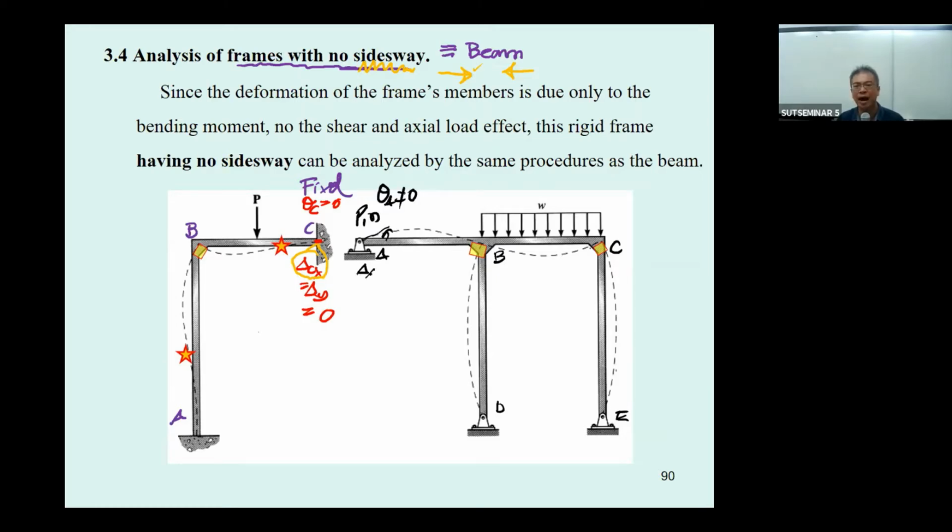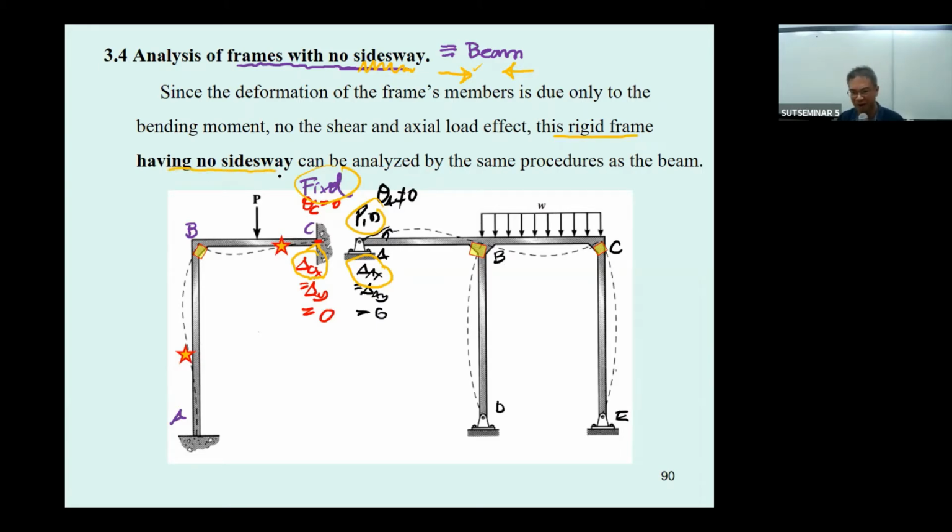But delta sub Ax equals delta sub Ay equals 0. In this case, this frame also has no sidesway. So the first thing, if the frame has the fixed and the pin support, the frame will have no sidesway.